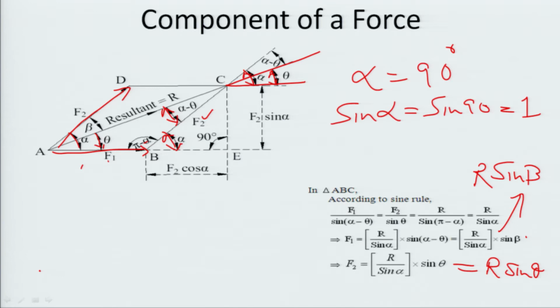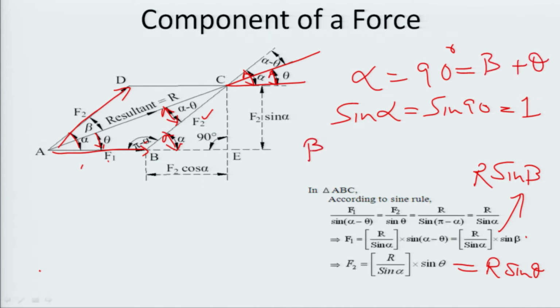And when this angle alpha is 90 degree, then what will be value of theta and beta, since alpha is the sum of beta plus theta.